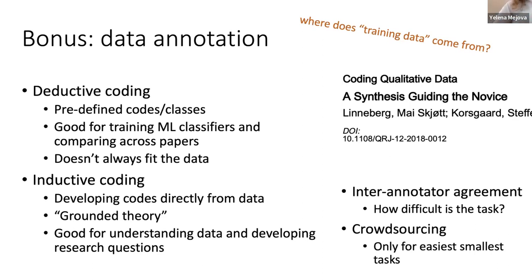So it's more open annotation. Here I'm flashing a nice guide for coding if you ever need to do that yourself. And you can do crowdsourcing, where if it's a simple enough task that any people with common sense can do, you could just give it to them and say, okay, random people on the internet, here are some tweets, label them. It's also possible.